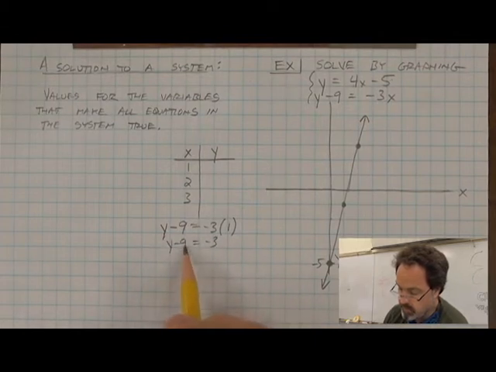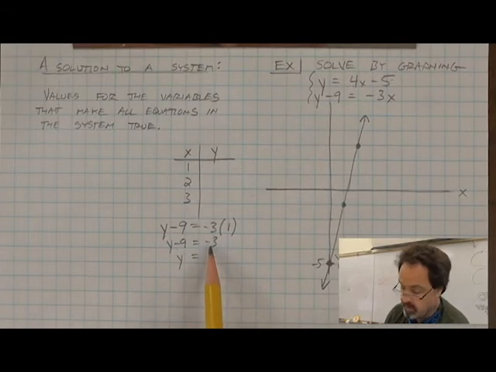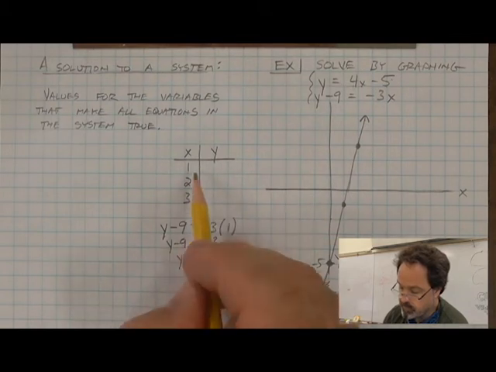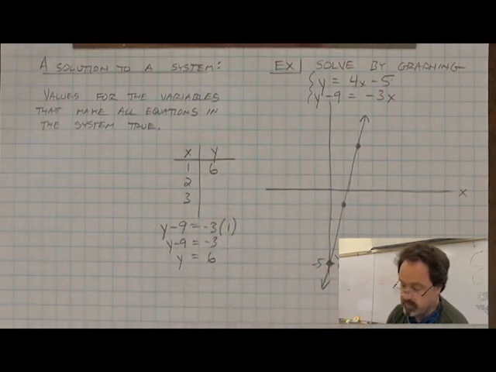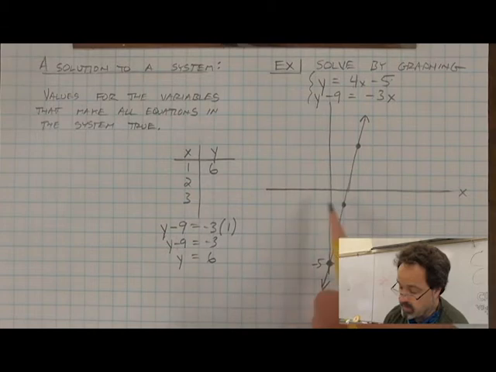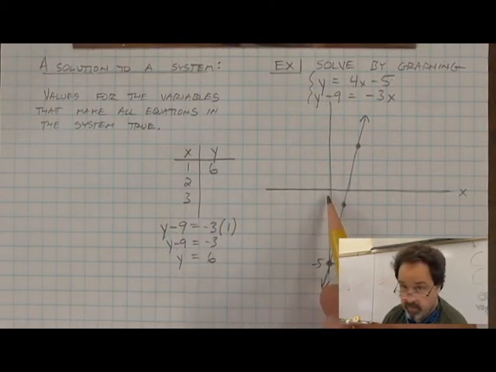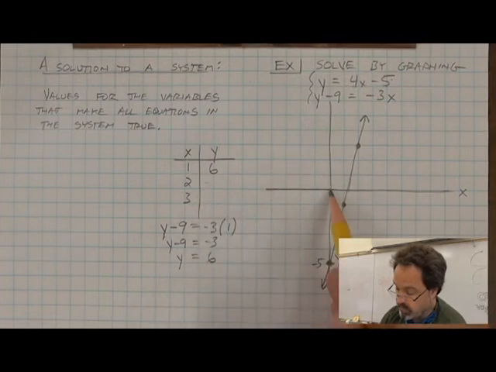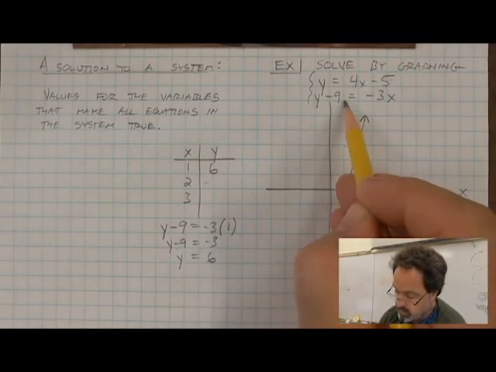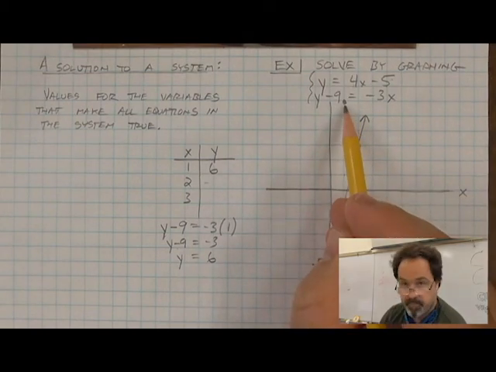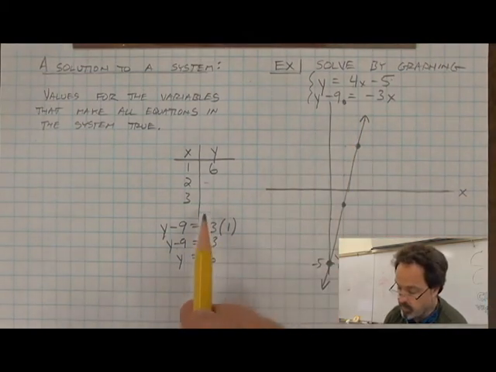Now to get y by itself, I add 9 to both sides. Negative 3 plus 9 is 6. So when x equals 1, y is equal to 6. This is an ordered pair that I can graph and plot a point immediately. This is the point x equals 1 and y equals 6. That point right there. But I need more points.